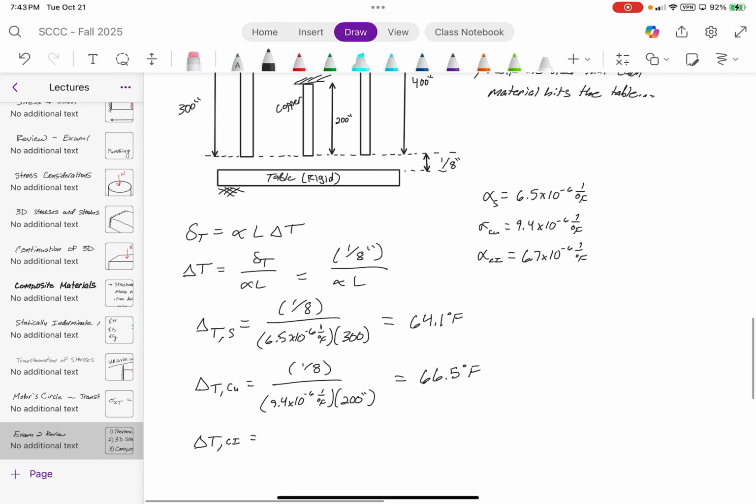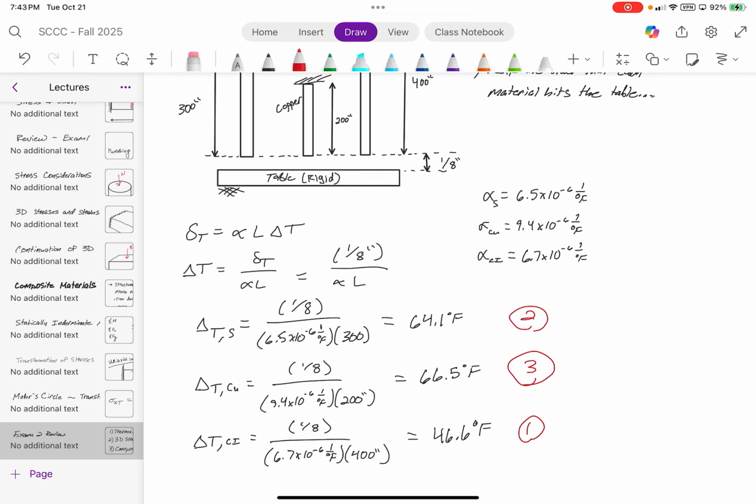And then delta T for the cast iron, you just repeat the calculation one last time, and you get 46.6 degrees Fahrenheit, which means that the ranking goes cast iron, steel, copper.